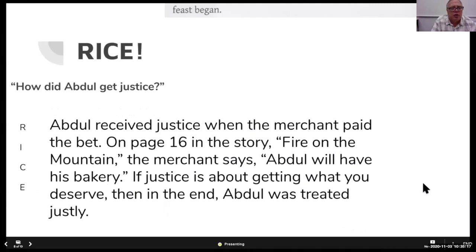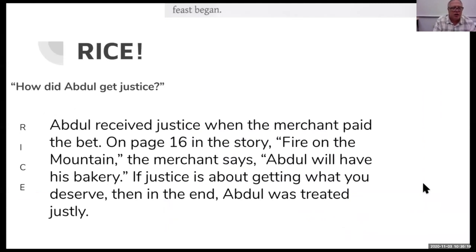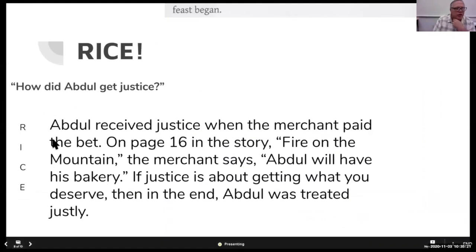Well, how did Abdul receive justice, get justice? So if I was to do RICE, I would do it something like this for the first question. Abdul received justice when the merchant paid the bet. See, here's where I'm restating my position.